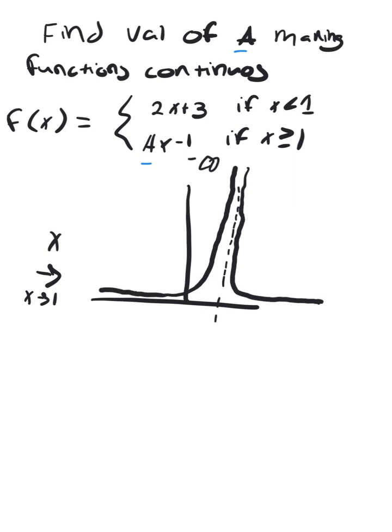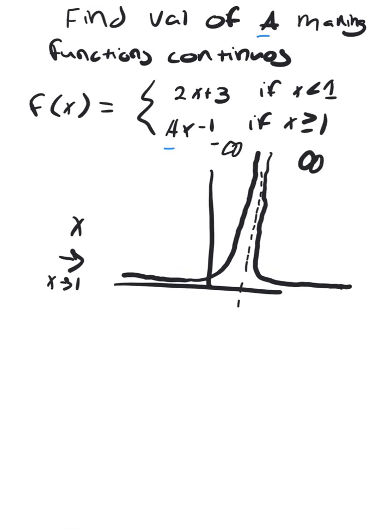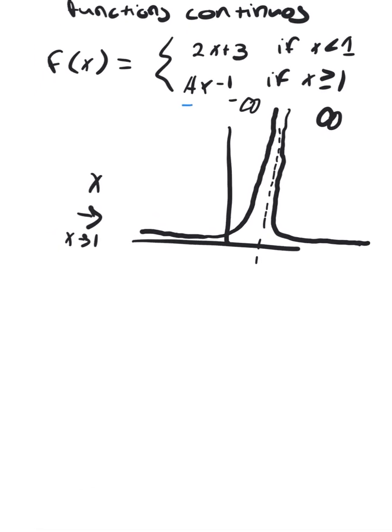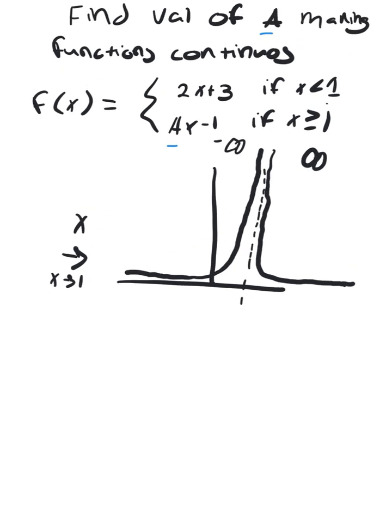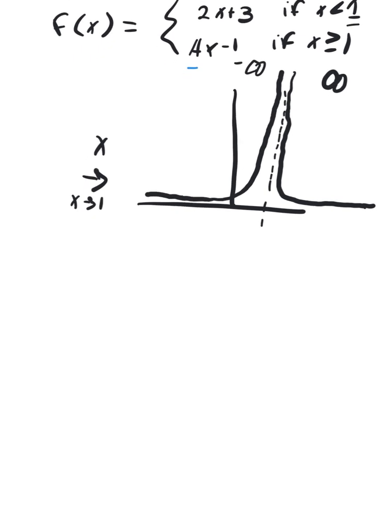And this one here will go all the way to the positive infinity. So let's solve this equation here. Since our limit is 1, if we plug in a number that's really close to 1, like 0.99999, it's pretty much equivalent to plugging in 1. So let's just plug in 1 at this point.